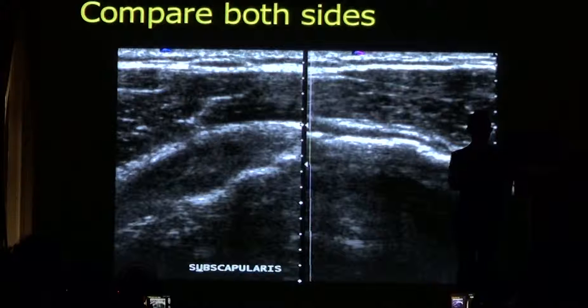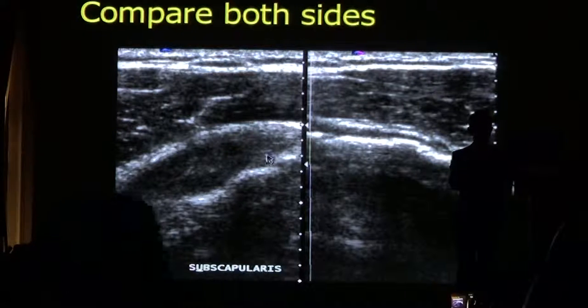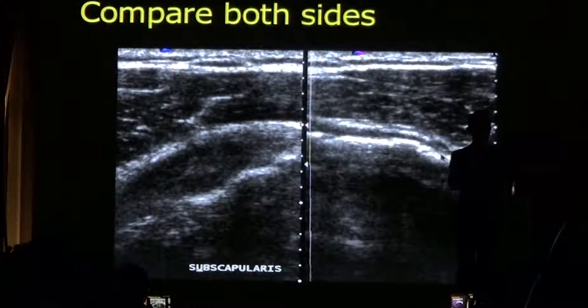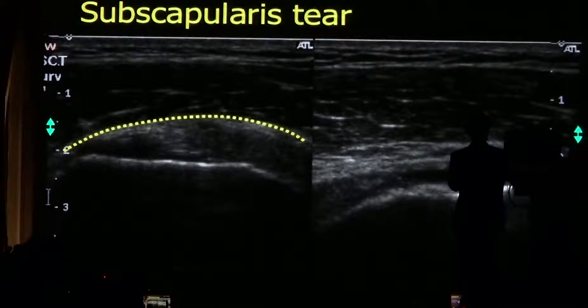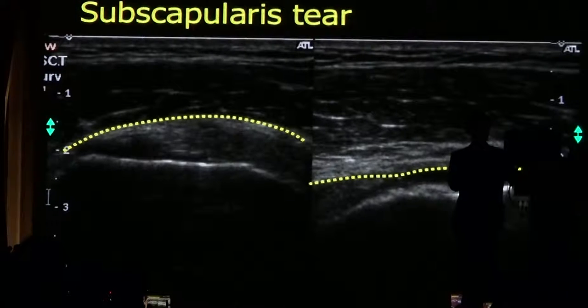Often it's useful to compare both sides. You can see the normal subscapularis looking like a beak shape. And on this side over here, the entire tendon is absent, and you just have deltoid lying on top of the humeral head. And again, another example where both sides are compared, normal side and the abnormal side with some fluid seen in the gap.